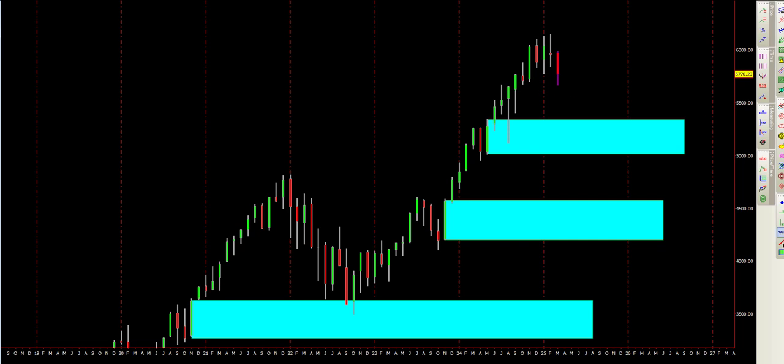So where are we? This is an attempt to do a pullback. Okay, so I don't want to talk too much about these reversal bars as a retest right now, but let's say this is a bar of great interest to us.